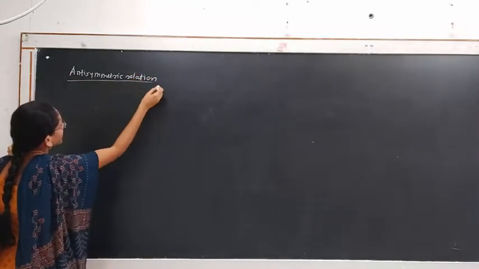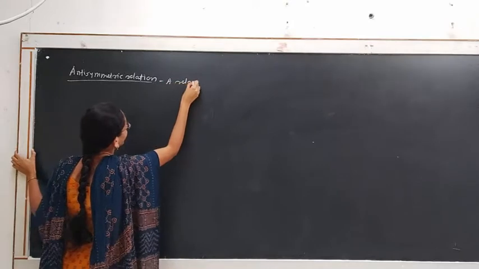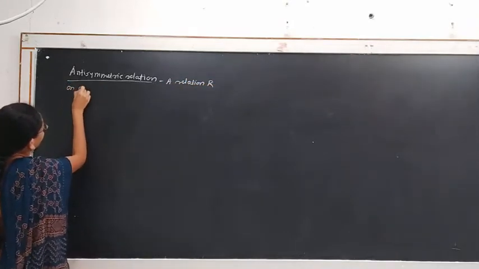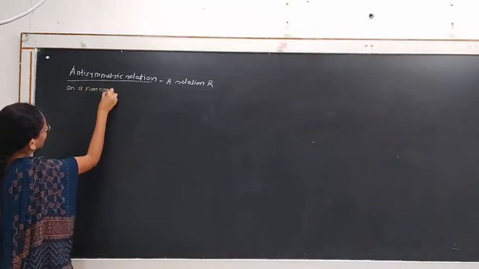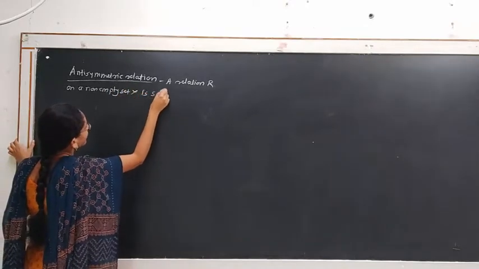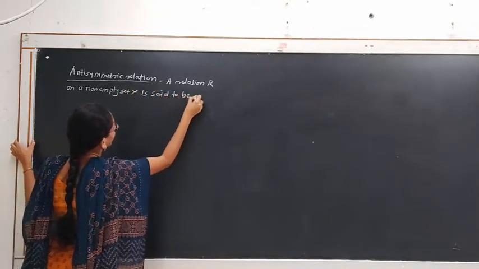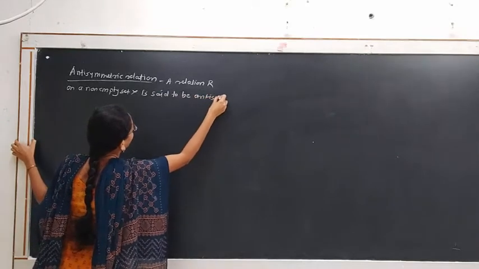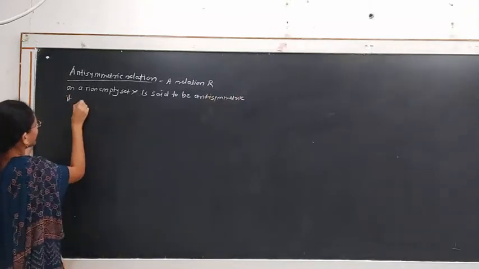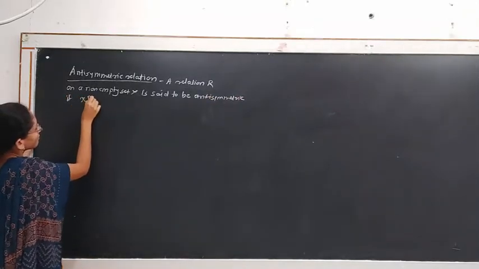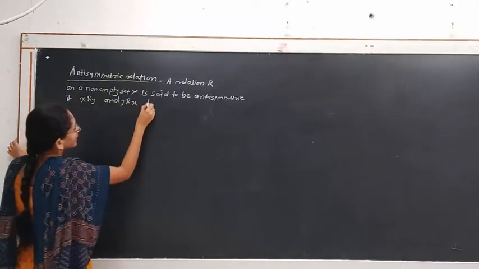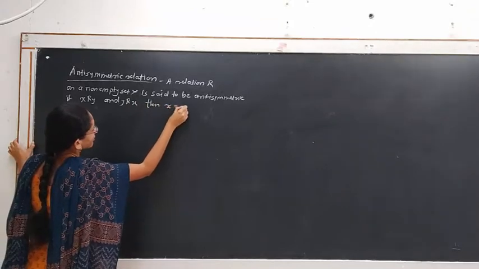A relation R on a non-empty set X is said to be antisymmetric if xRy and yRx, then x is equal to y.